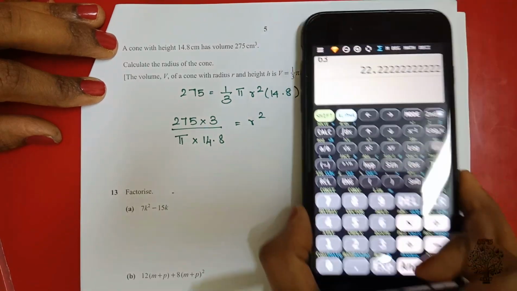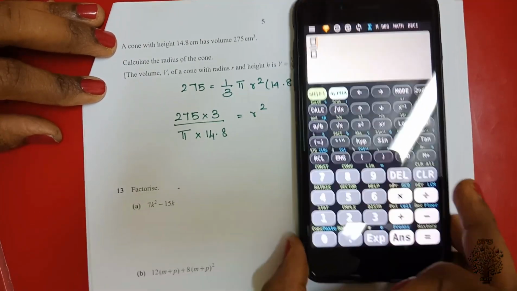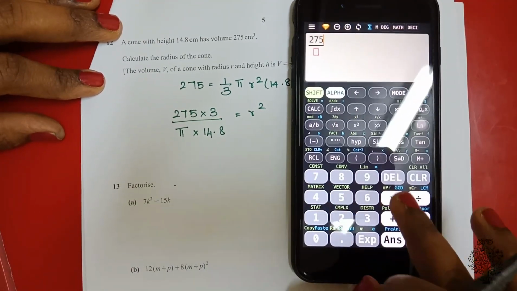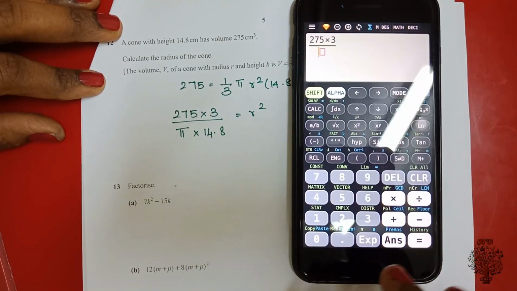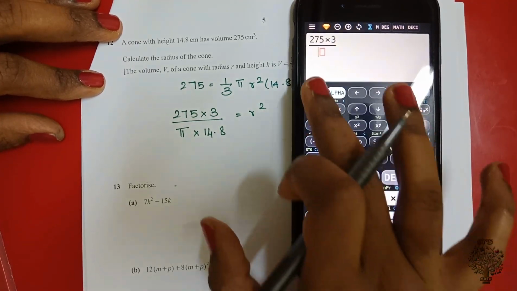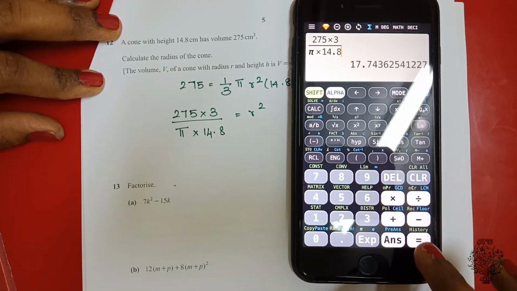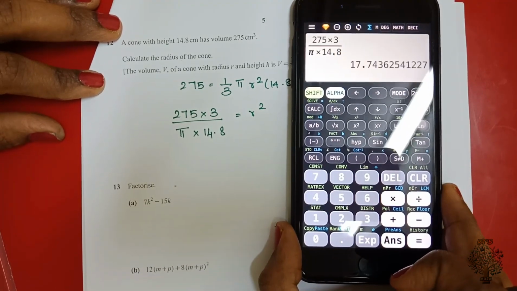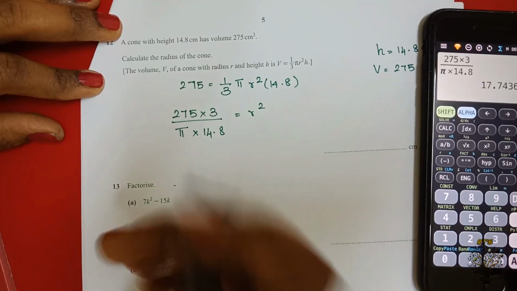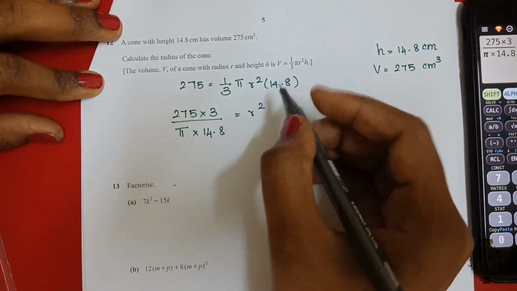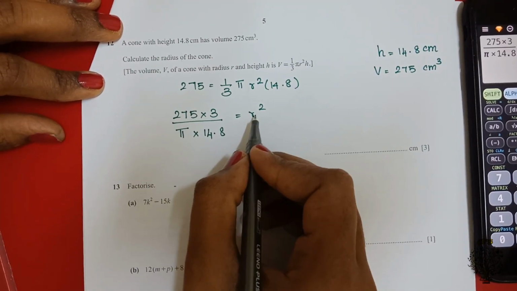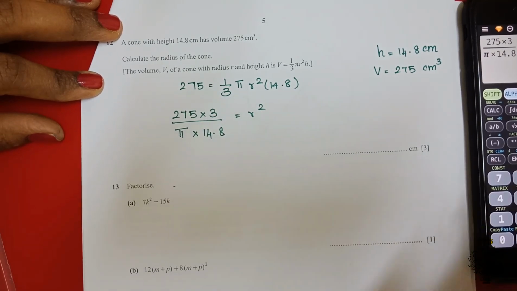Now I'll be calculating the values. Again, I'm taking 275 multiplied with 3 divided by pi multiplied with 14.8. Okay, we have 17.74, and now we need the square root because r square is 17.74.